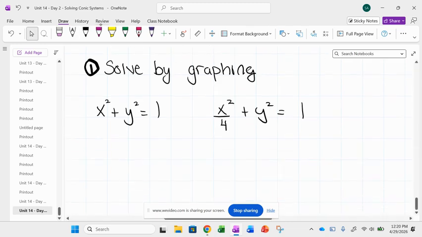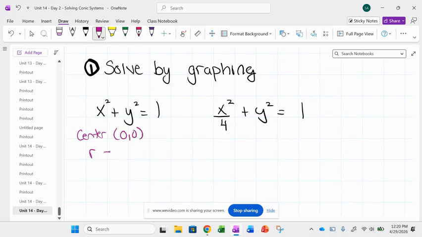Do we agree that they're both in good formats? I don't need to manipulate anything. So for the circle, my center is (0, 0). What's my radius? 1. For the ellipse, what kind of ellipse is it?